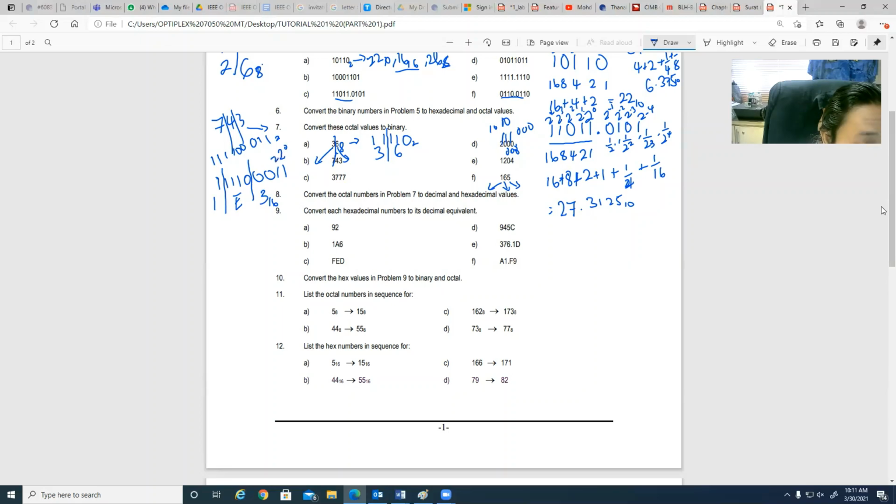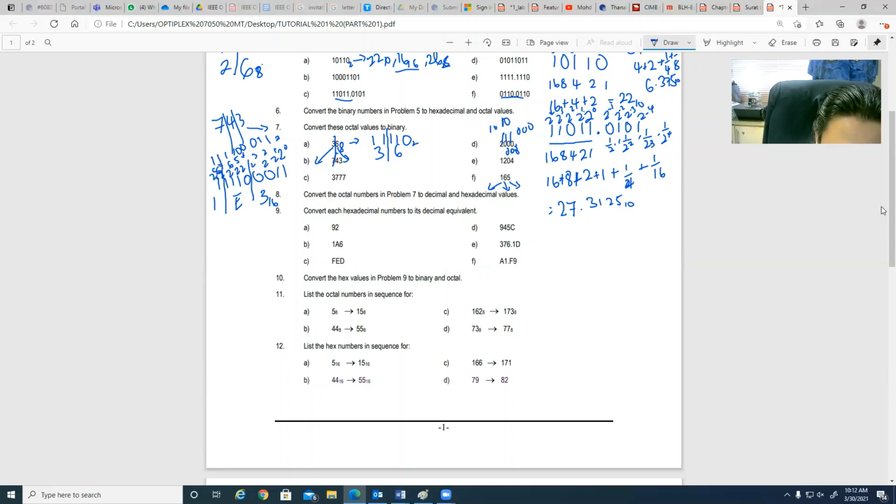For the decimals, you can use the manual method, or double check with your calculator: 1, 2, 3, 4, 5, 6, 7, 8.